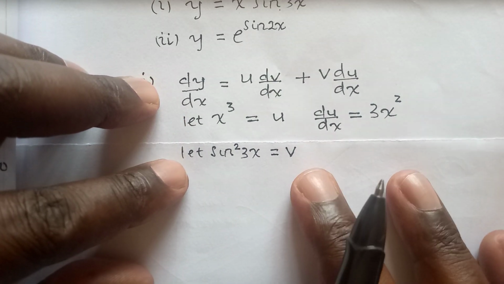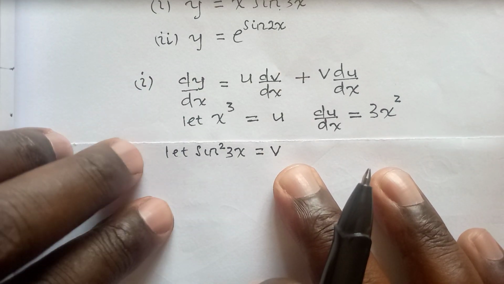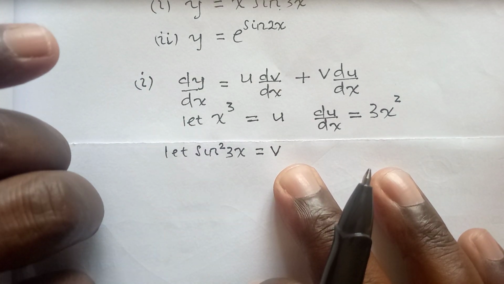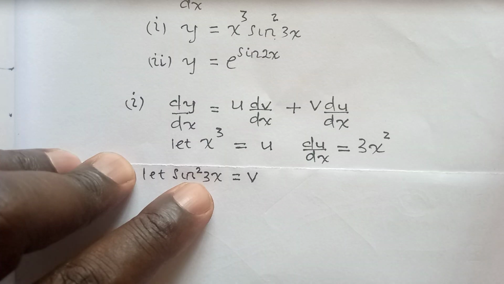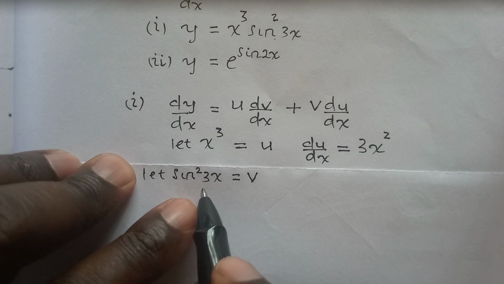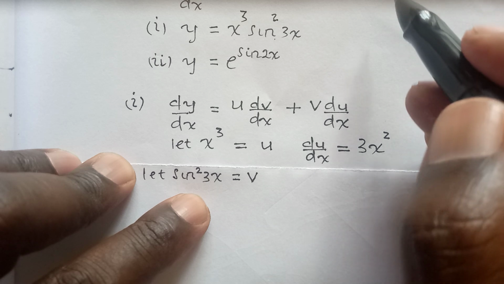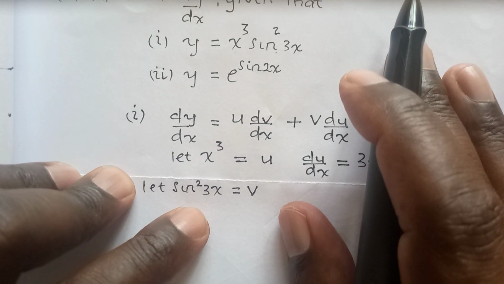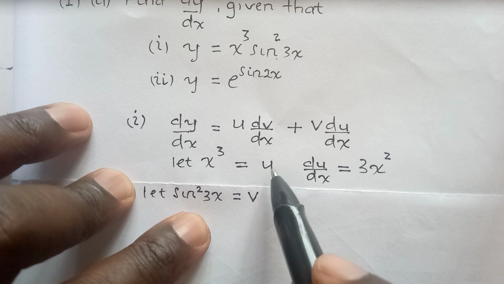Looking at sine squared 3x, we find that we need to use the chain rule here. And so we can develop our question here whereby we are going to use u and v, of which that u is not this u or this v.